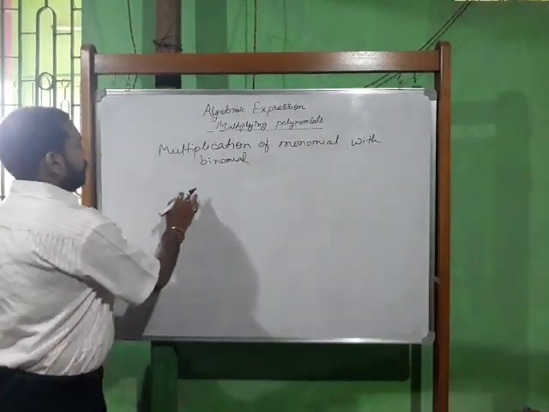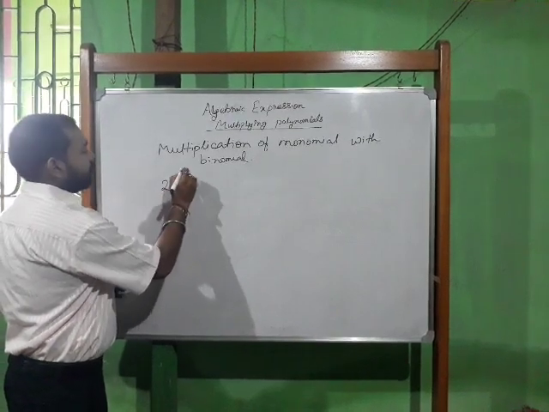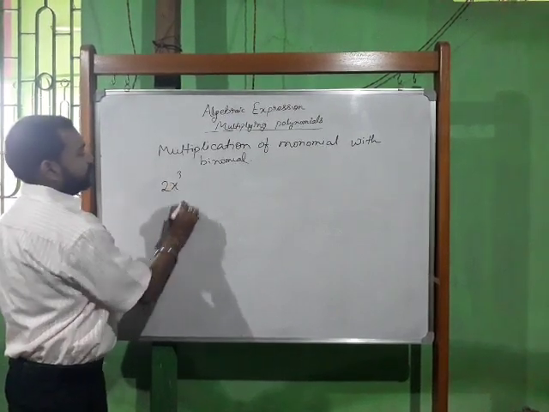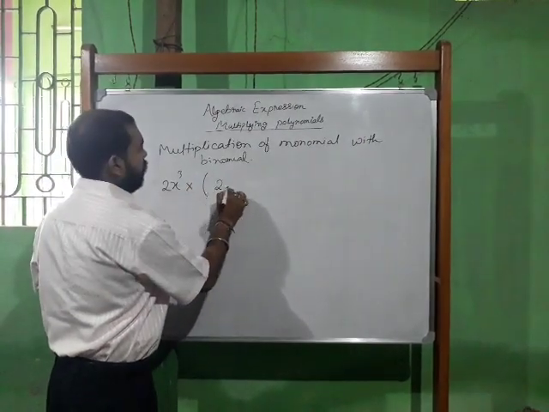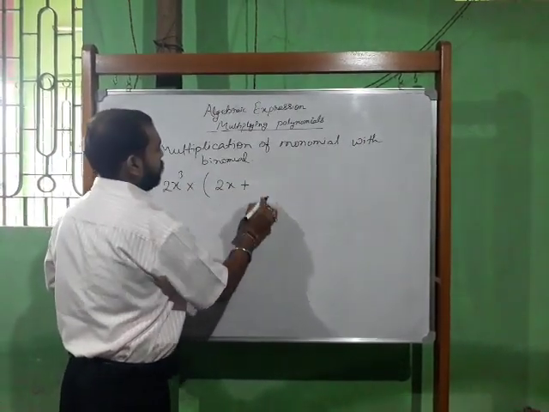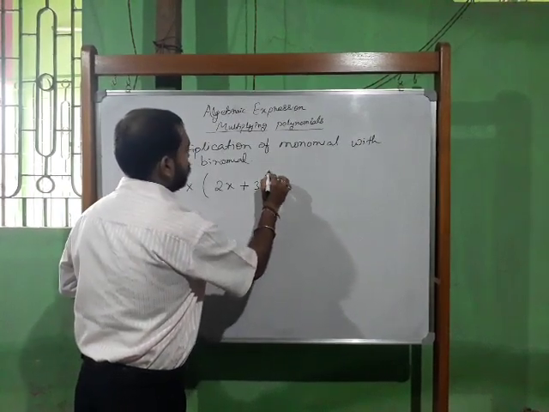Suppose let us take 2x to the power 3 multiplied with, suppose, 2x plus 3x to the power 3.